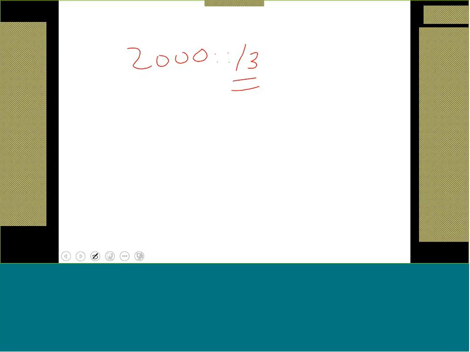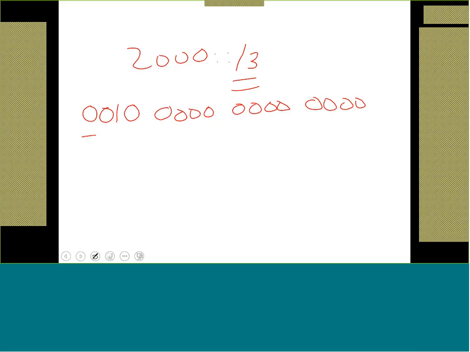Now, how does that translate to the range of addresses available for IPv6 on the internet? What is 2000 in binary? That is hex, right? What is 2000 in binary? 0010 0000 0000 0000.